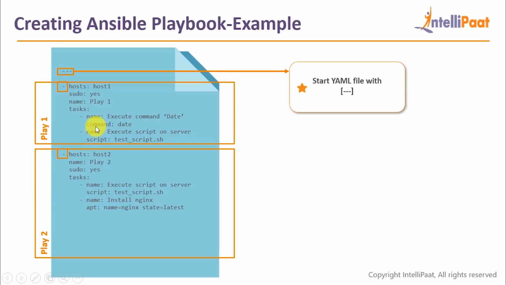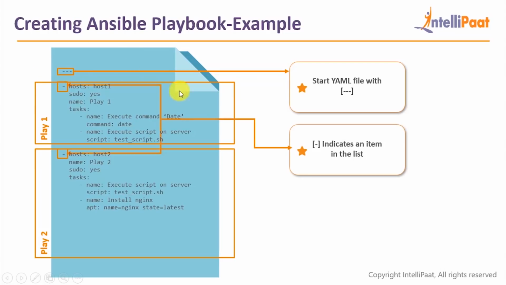Now let us summarize what we just discussed. We missed out on this thing that we always start a YAML file with 3 hyphens. Any time when you are starting with a YAML file, specify these 3 hyphens and only then begin with your playbook. Next thing I do is that I have to create a play.